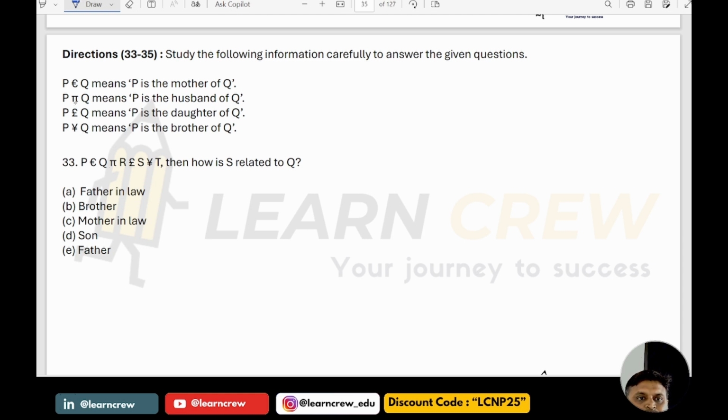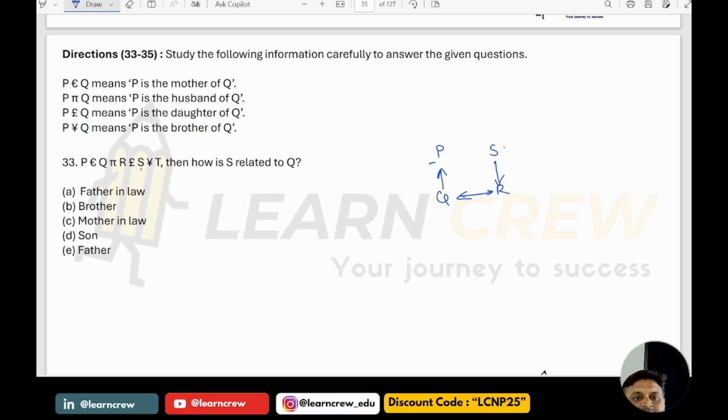P, this symbol Q, means P is the mother of Q. And Q pi R means Q is the husband of R. Next, R, this symbol S, means R is the daughter of S.